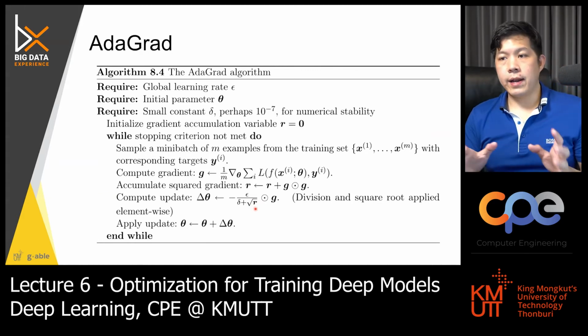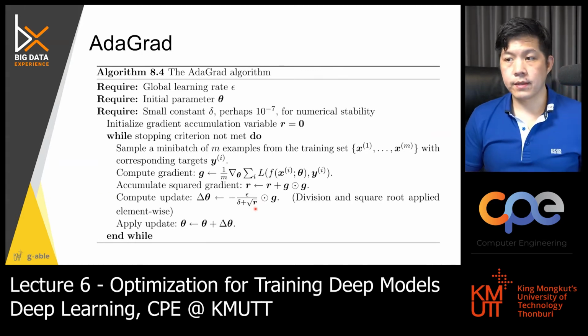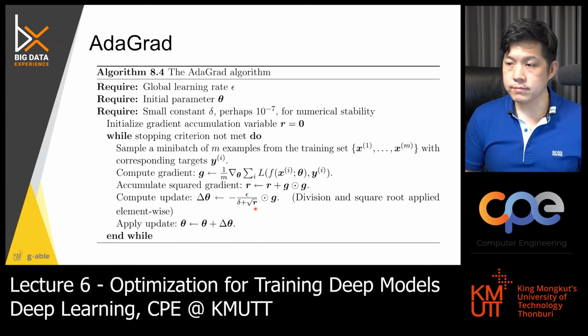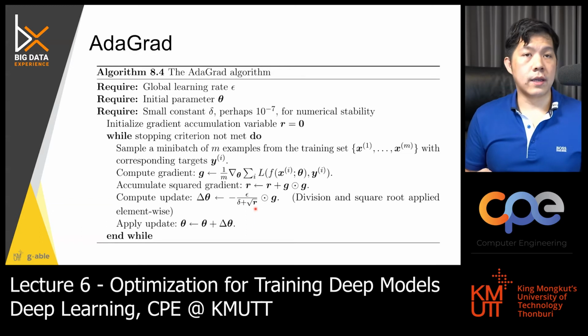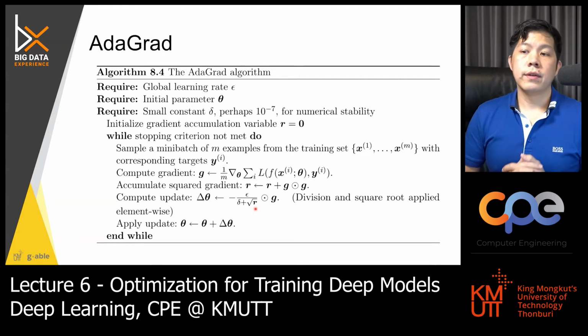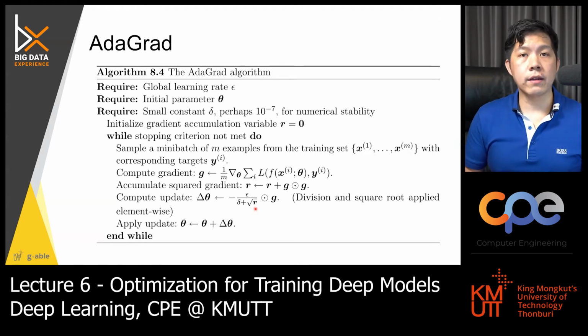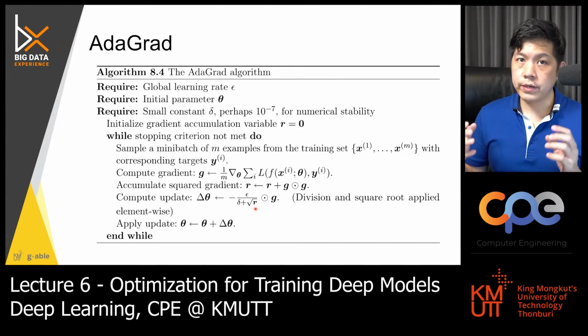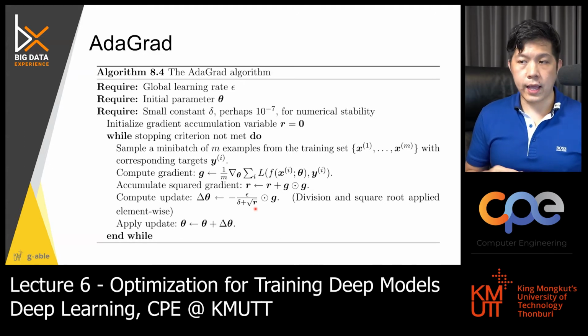So that means at the beginning the step would be large because it would be just epsilon and delta. And afterward, you accumulate the gradient more and more, so the step will be smaller. So this is how ADA-grad works. This is the adaptive gradient. The step would be adaptively reduced as you increase the iterations.